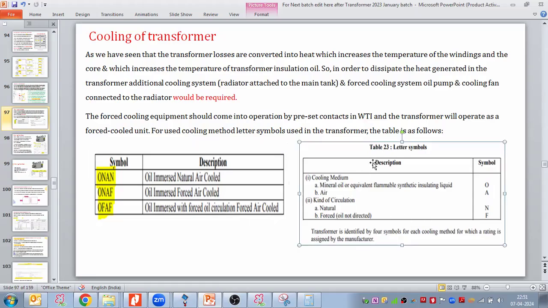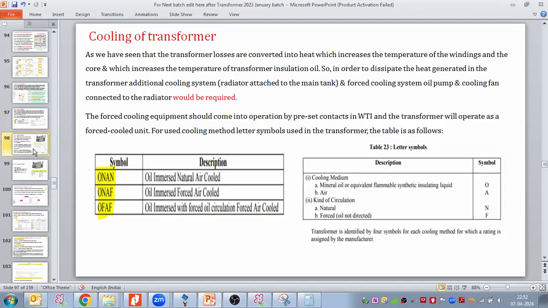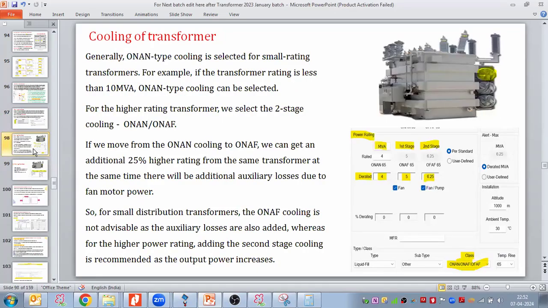As per the standards, we follow the symbol for cooling medium: if it is mineral oil or equivalent flammable synthetic insulating liquid, we use O. If the cooling medium is air, we use A. So O stands for oil, A stands for air. For the kind of circulation, if the circulation is natural, we use the N symbol, and if we are forcing it, we use the F symbol. Those symbols we indicate in the SLD as well.